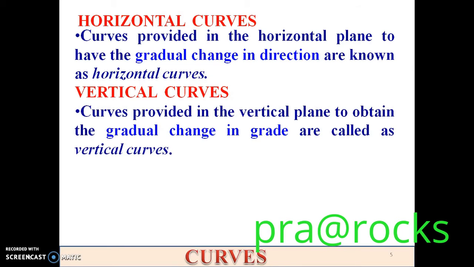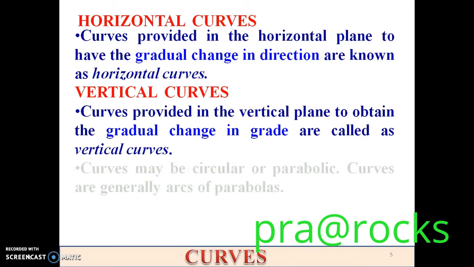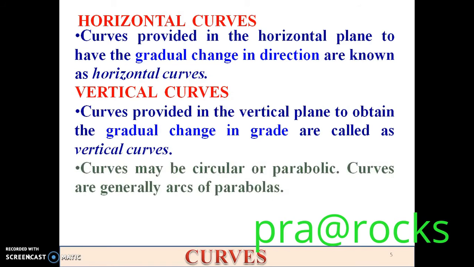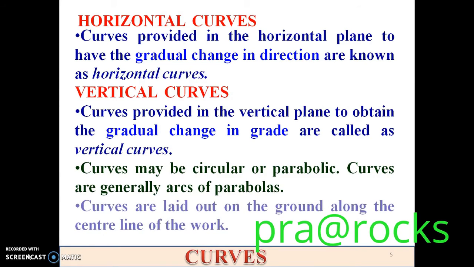And these curves may be circular or parabolic, and curves are generally arcs of parabolas. That's the general case. And the curves are laid out on the ground along the center line of the work.